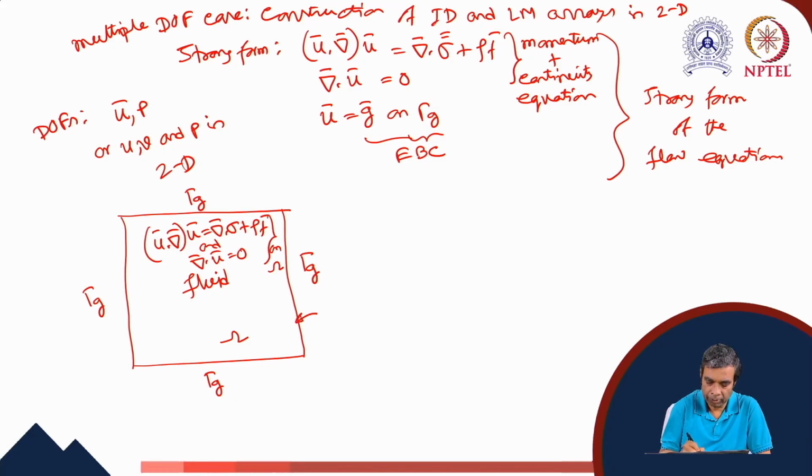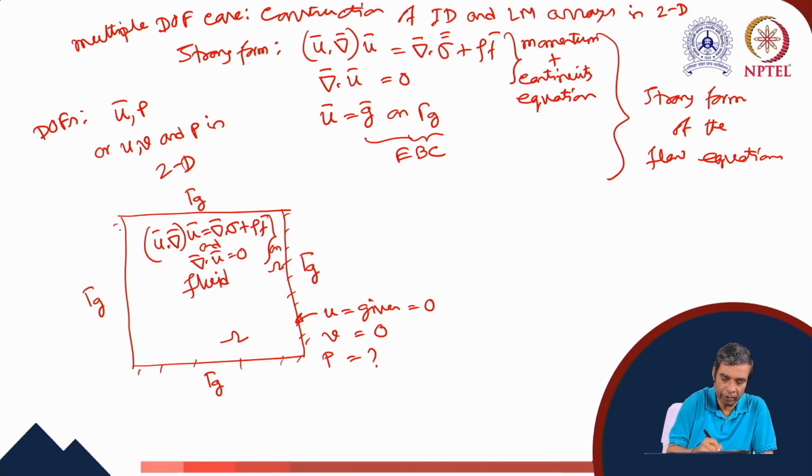So for the left and right boundary and for the bottom boundary, we have identical boundary conditions. We take u equals 0, v equals 0, and pressure is unknown. These are rigid walls, and we have the no-slip boundary conditions for all the rigid walls.